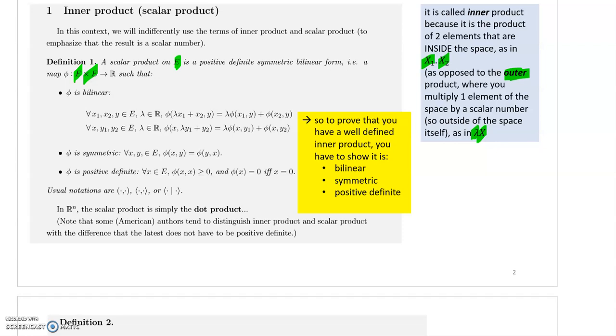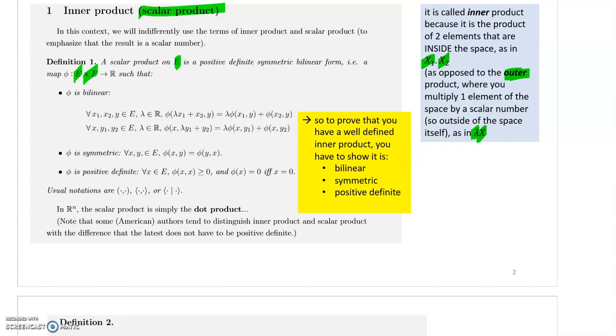That would be more like the general Anglo-Saxon term, whereas scalar product, which is also used, is more like the French word for it, produit scalaire. That's a very common word. And we use the scalar term to emphasize the fact that the result of this product is going to be a scalar number, a real number.